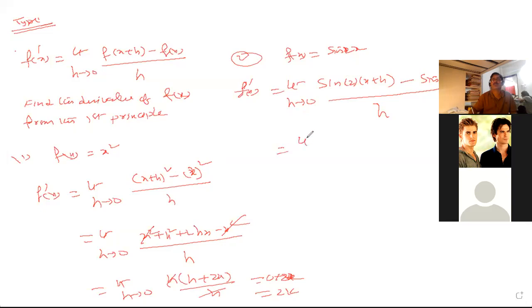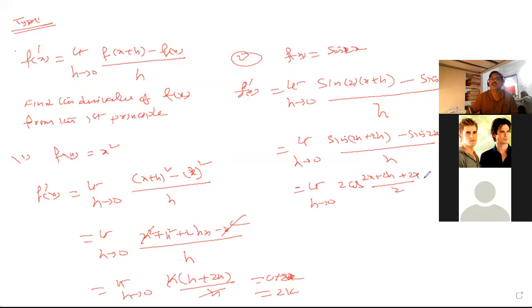Do one thing here. You multiply now. Sine 2x plus 2h, and here sine 2x, divided by h. How to solve? Very simple. Here I am applying the 2 cos transformation: sine C minus sine D equals 2 cos of (C plus D) by 2 times sine of (C minus D) by 2. So sine of 2x plus 2h minus 2x, by 2, divided by h, limit h tends to 0.